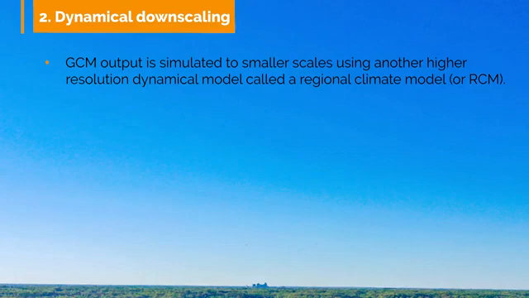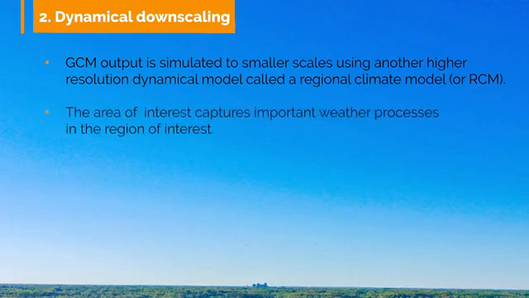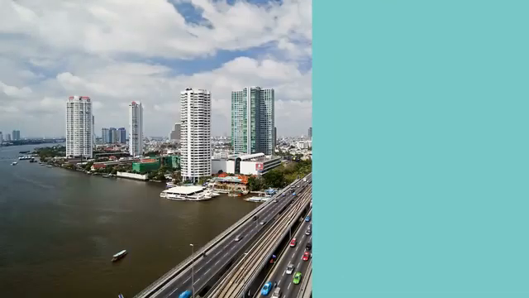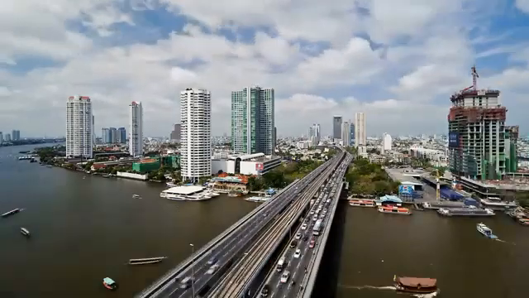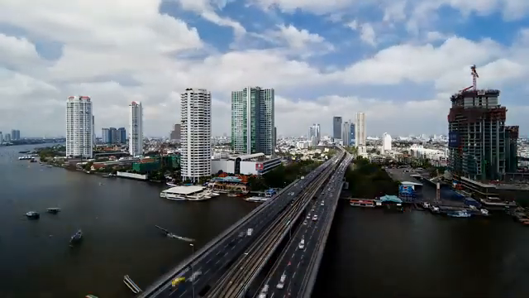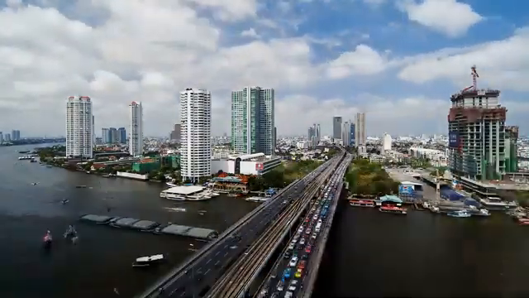Dynamical downscaling is a method where GCM output is simulated to smaller scales using another higher resolution dynamical model called a regional climate model, or RCM. The regional model for the area of interest is chosen such that it is large enough to capture important weather processes in the region of interest, while ensuring that this region of interest is far enough from the boundaries of the model. For example, if you're interested in the future climate of Bangkok, you might choose a regional model domain which also encompasses other provinces connected with Bangkok.